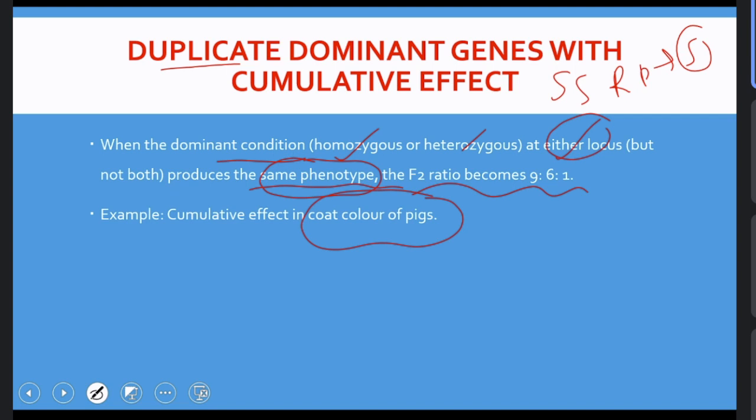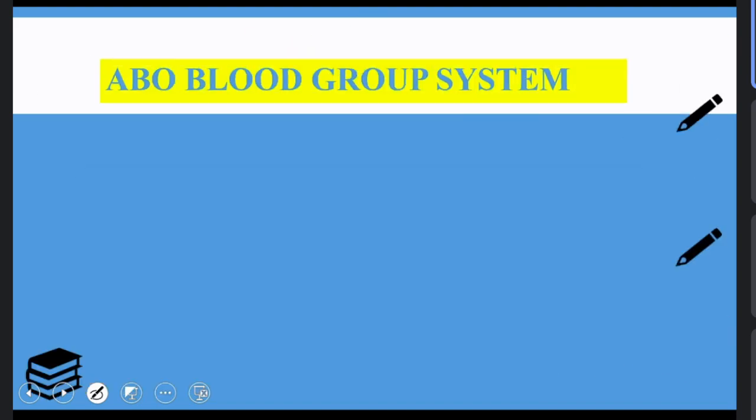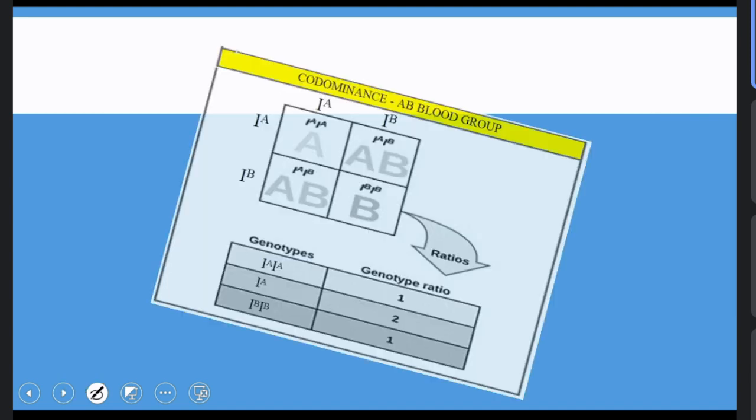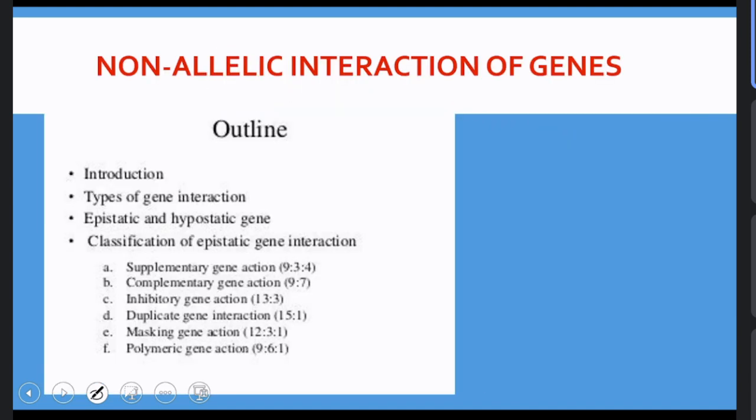So duplicate dominant genes, but they have a cumulative effect when they are combined together to form the red phenotype. And hence this is called as duplicate dominant genes with cumulative effect, and the ratio is 9:6:1.